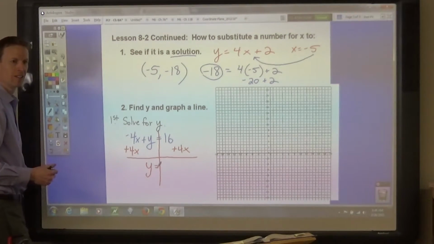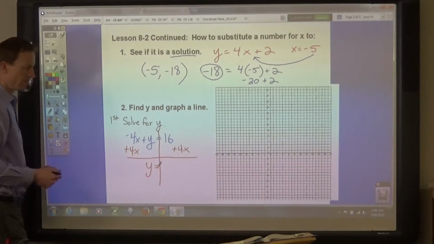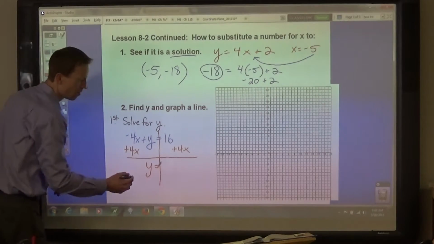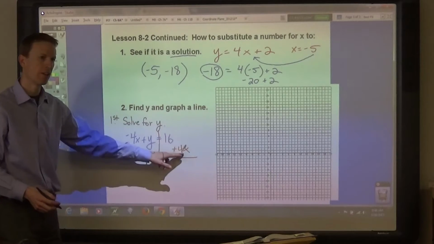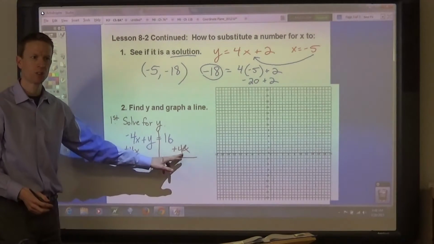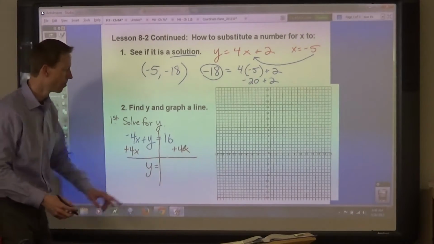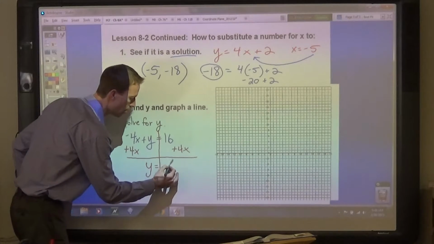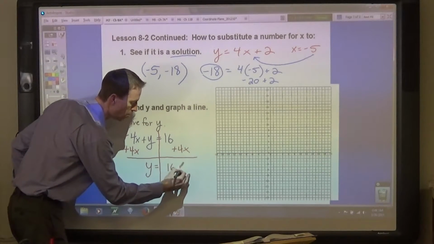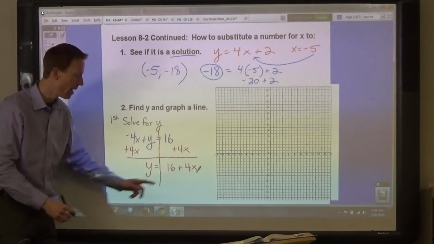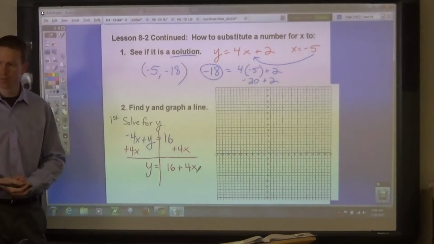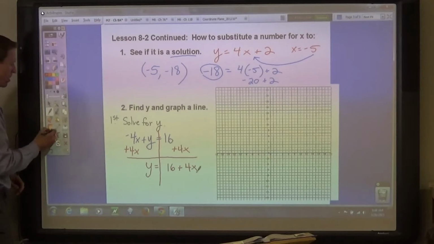Y equals 12x? No, we can't add these two together, can we? These are not like terms. 16 plus 4x, or we could write it as 4x plus 16, right? Now we have an equation to work with.